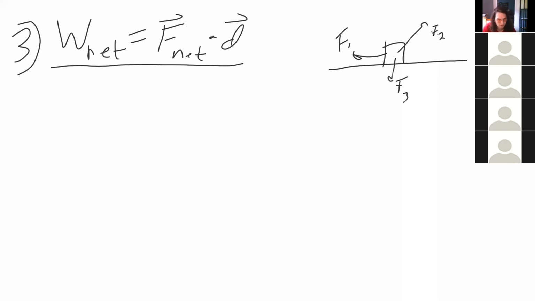You're given an angle off of the horizontal for F2, and we want the net work done by the 3 forces. So in other words, the net work is the work done by the net force. And then we're going to talk about energy transfer. So first thing is, how do we find the net force here?